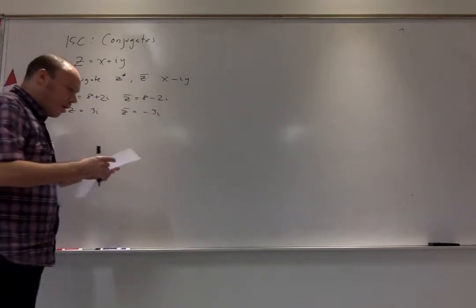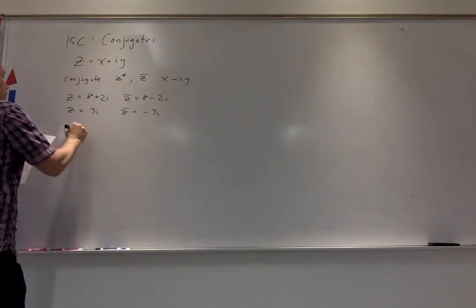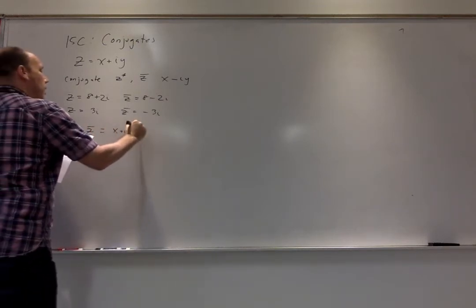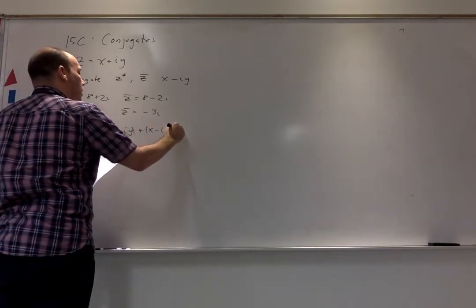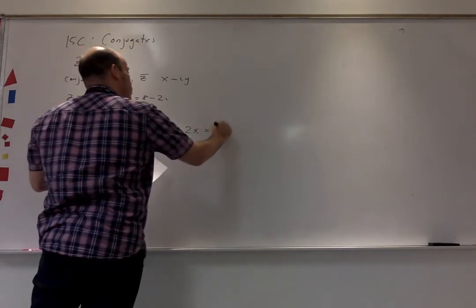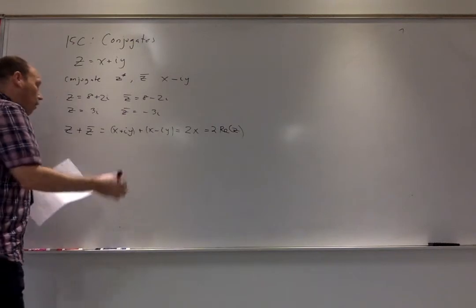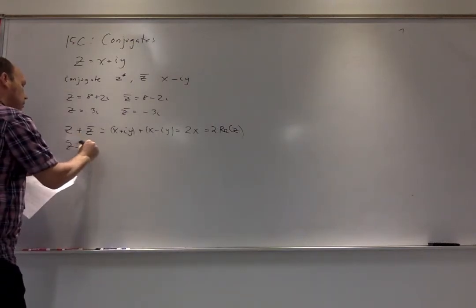Interesting. Some algebra: a number plus its conjugate, which is x plus iy plus x minus iy, is equal to 2x, which is 2 times the real part of z. What about the difference?